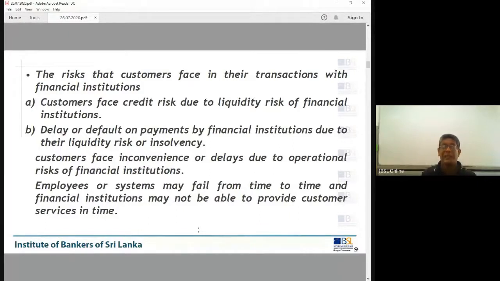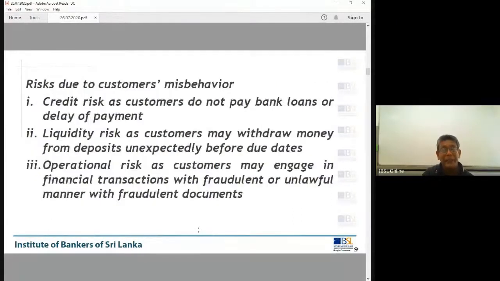The customer faces an inconvenience in getting money because the bank is facing an operational risk. Customer faces an inconvenience. Understood? Right. Then we look at it.